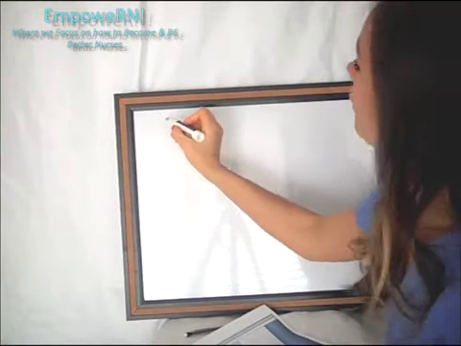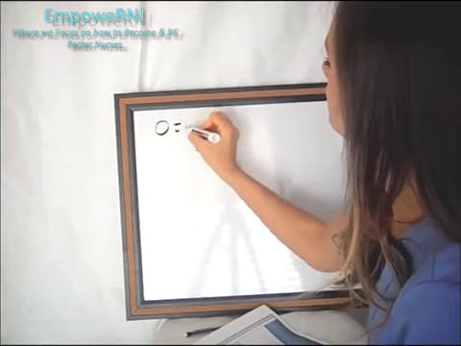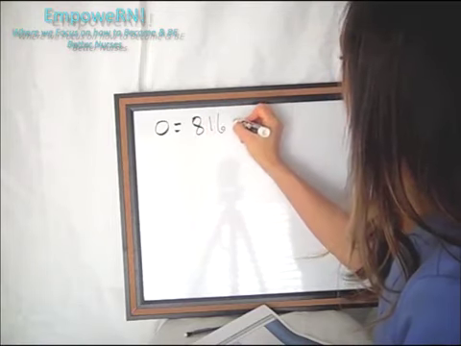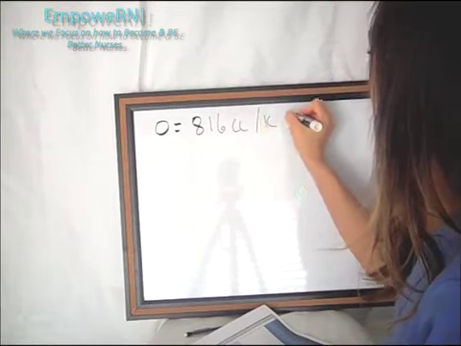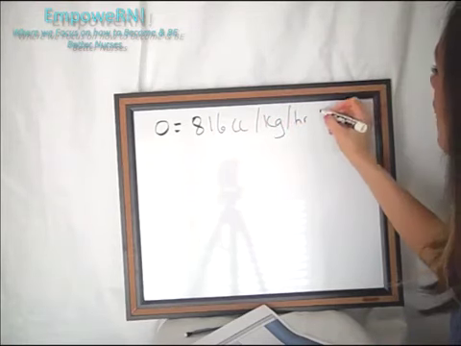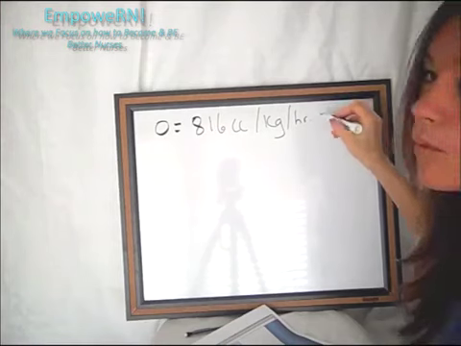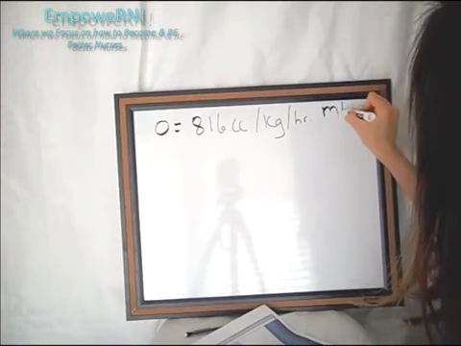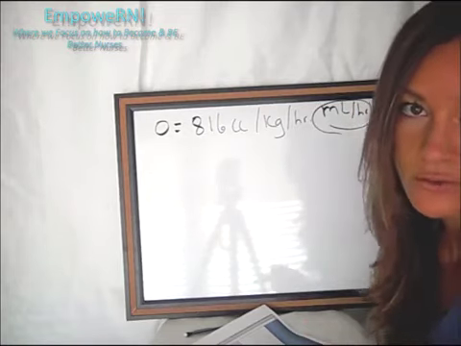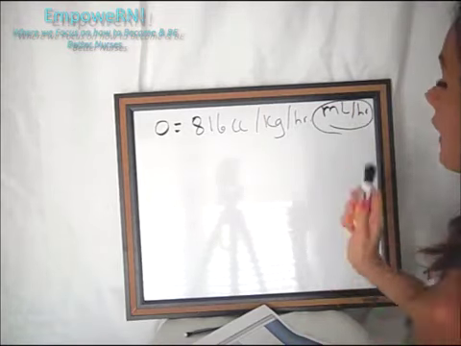So if our ordered dose is 816 units per hour, and what we want is mLs per hour, we have to figure out a way to get there.